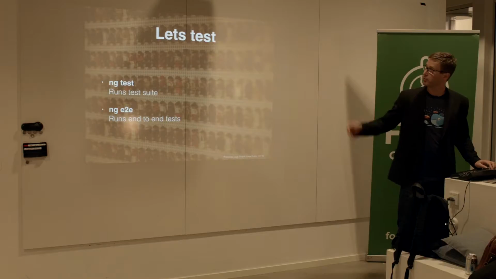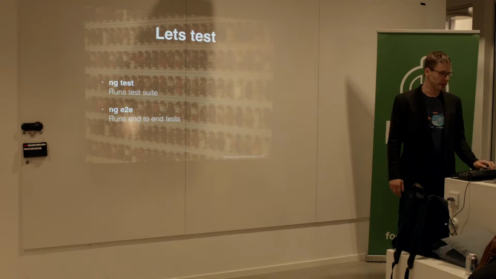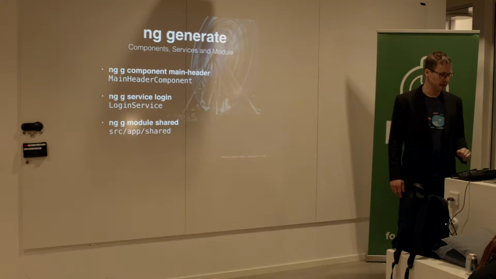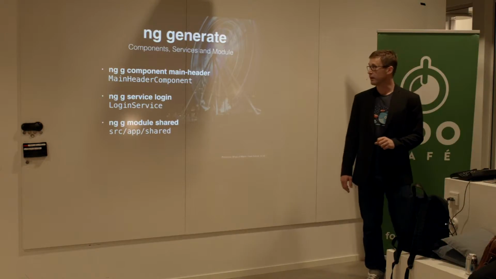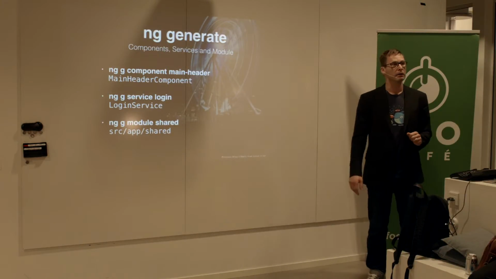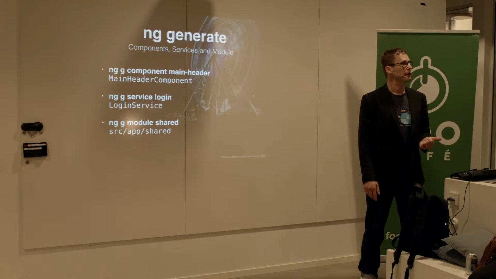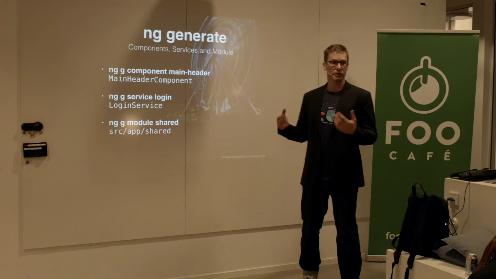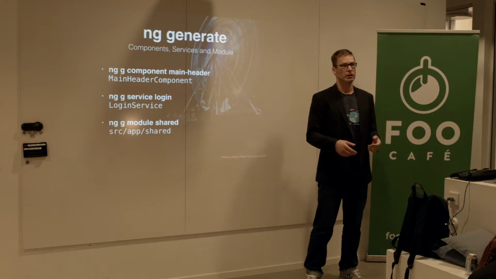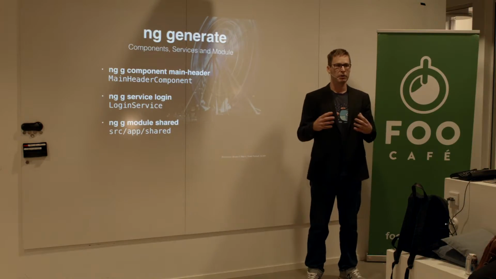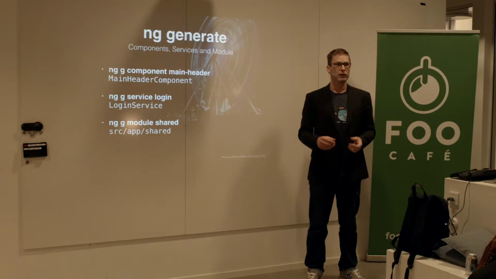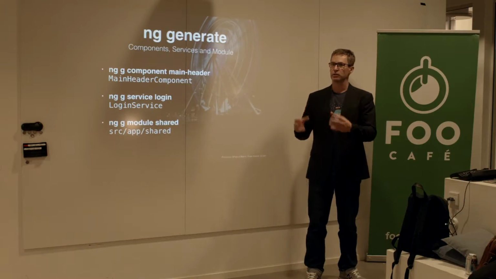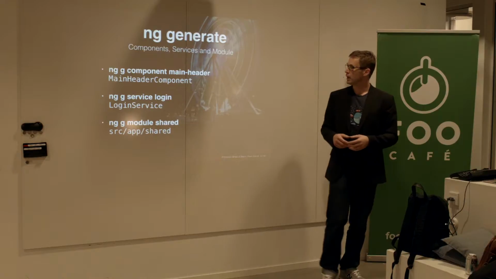So when you have created your project, you want to start coding. And the command line Angular CLI can help you there. The main command I use is ng-generate, which generates my components, modules, services, and a lot of things. And what it creates is, like you saw, the app component, a folder with your basic structure, so you can start coding.